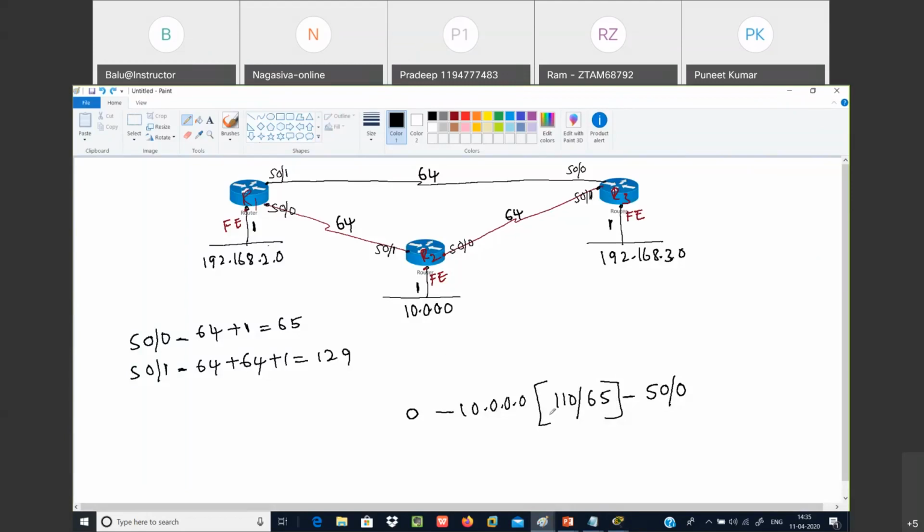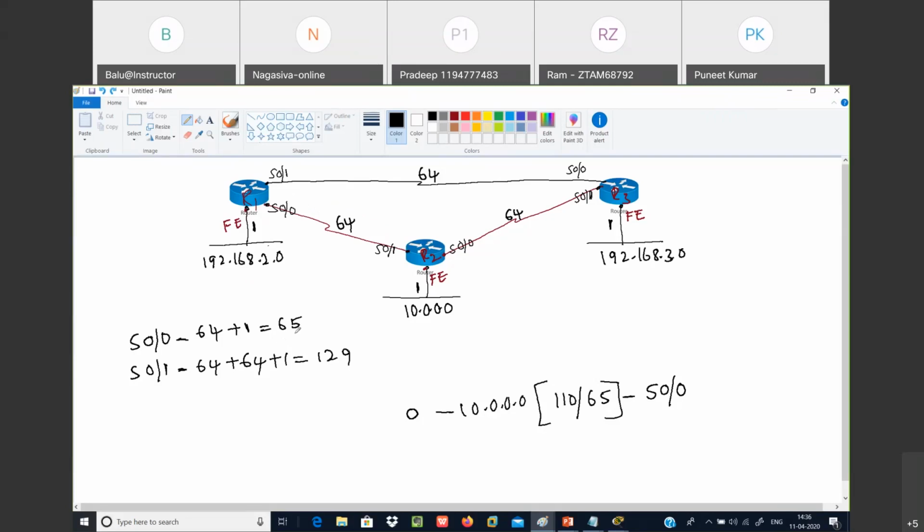The second point is here. Now R1 and R2 LAN are communicating via 0/0. After some time, if the 0/0 link fails, how can R1 and R2 communicate? Why? Because we have configured a dynamic routing protocol.